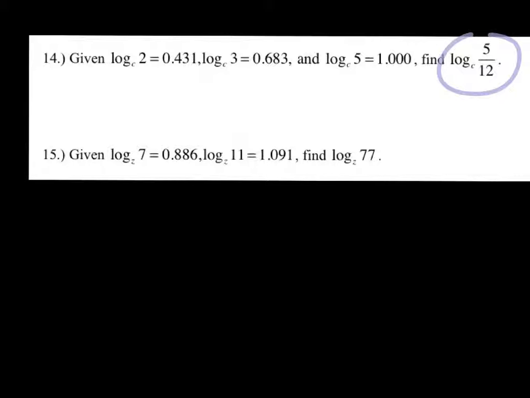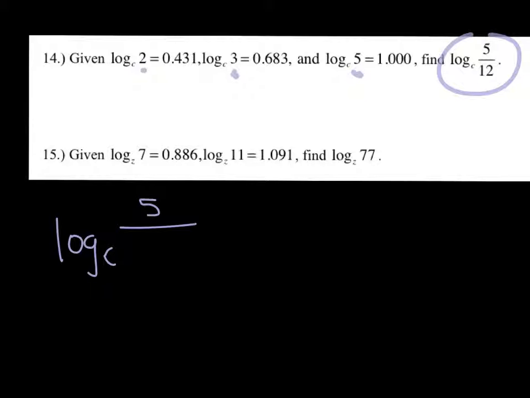So using the numbers that it has given us, 2, 3, and 5, can we get to 5 or 12? Well, 5 is just going to go on the top, so we're going to have log base C, 5, and on the bottom, to get to 12, we can multiply, what do we have together?